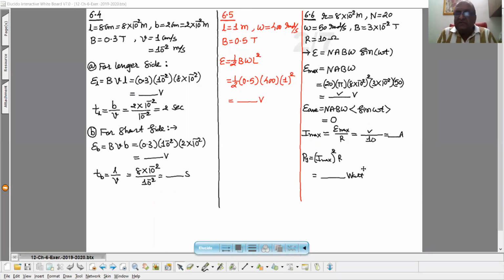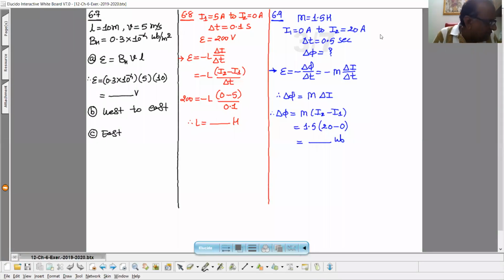And this power is obtained from the mechanical power which was used to rotate this particular coil in the given magnetic field. Clear to all of you? Any doubt in this one?